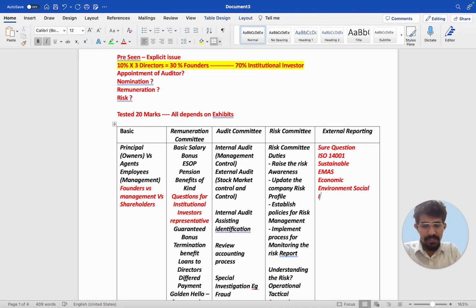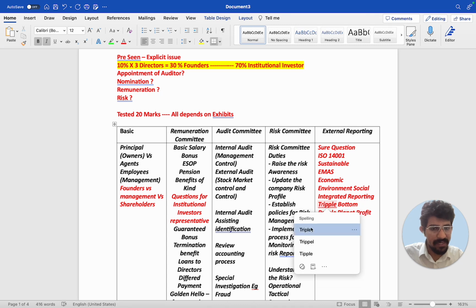And then students, integrated reporting is also one area. Now I will just write down these things for your understanding. And then students, there is something called the triple bottom line, that is effectively focusing on three areas, that is people, planet, and profit. So students, these are the external reporting areas that a student needs to be aware of.